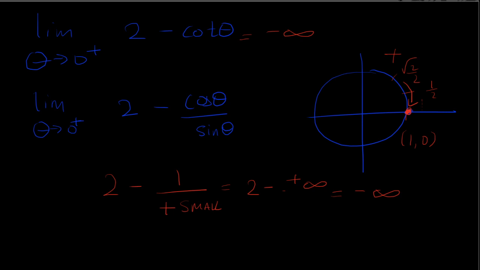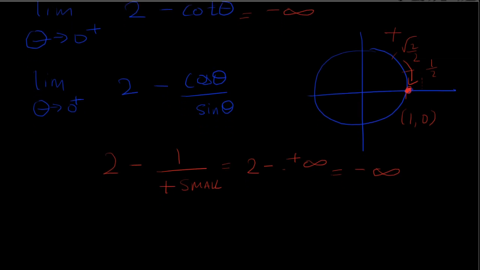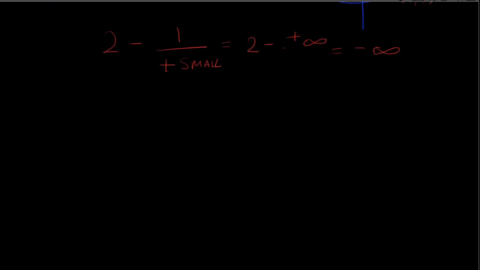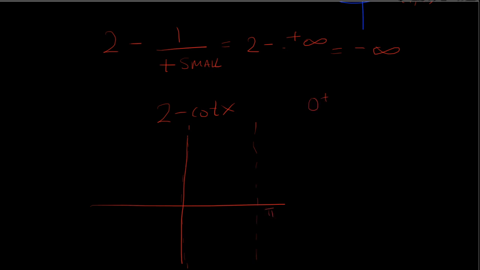And we can see the graph. So this graph is a little tricky. So let's just write out the function 2 minus cotangent x. We know the asymptotes are going to be at 0 and pi. And we're looking at 0 from the right. So let's keep that in mind. And in the middle, for cotangent, cotangent would have been 0, but because we have 2, we're going to move it up 2.